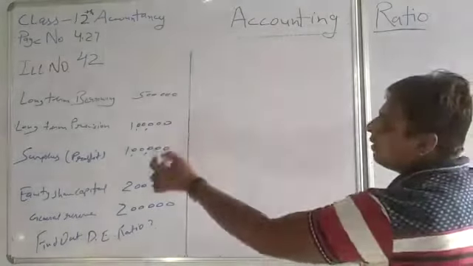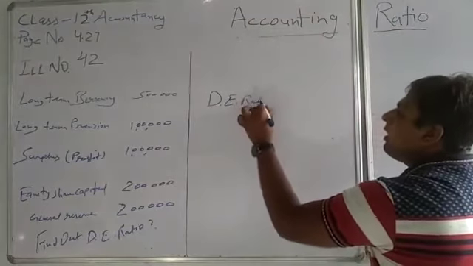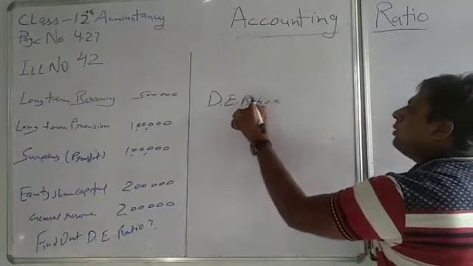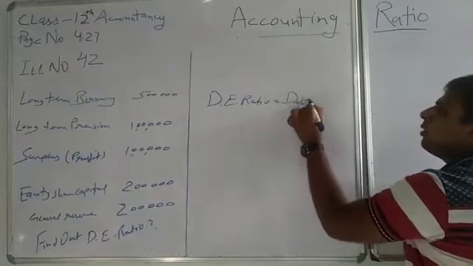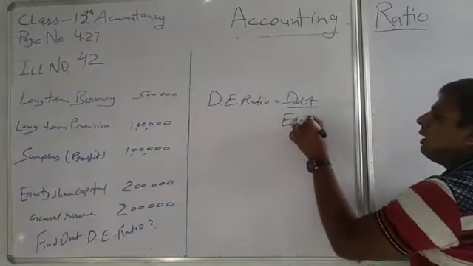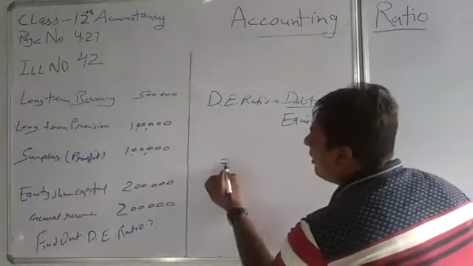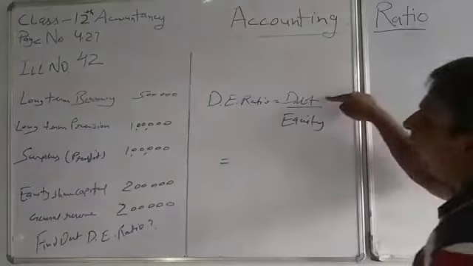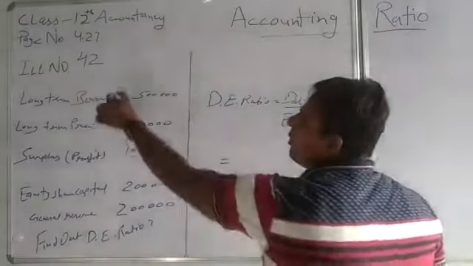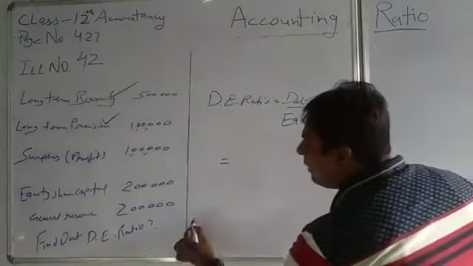So how to find out debt equity ratio? First of all, debt equity ratio is equal to debt divided by equity. So how much debt is there? Let's see the debt. This is the debt, right? So long-term borrowing is the debt, long-term provision is the debt.